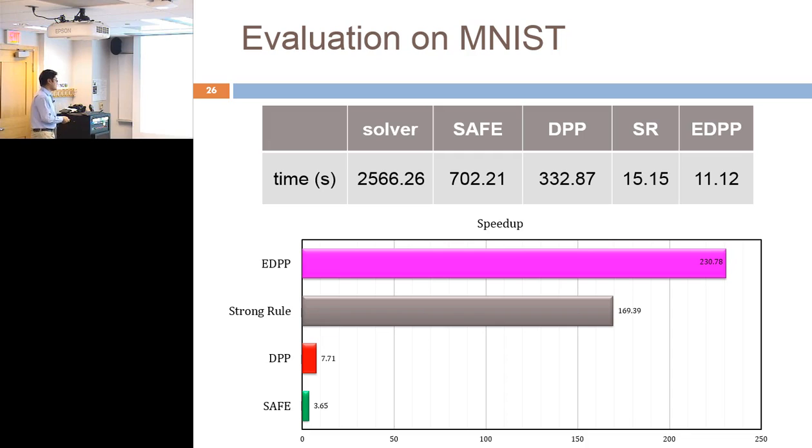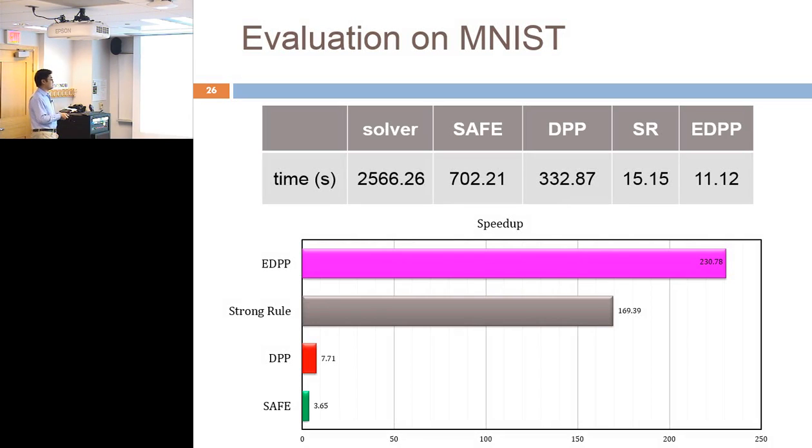So this shows the running time. The first column shows the running time of the solver without screening to solve the problem 100 times. Essentially, the solver needs more than 40 minutes to fit the model 100 times. And this is our method. Actually, this is a preliminary version of our method.